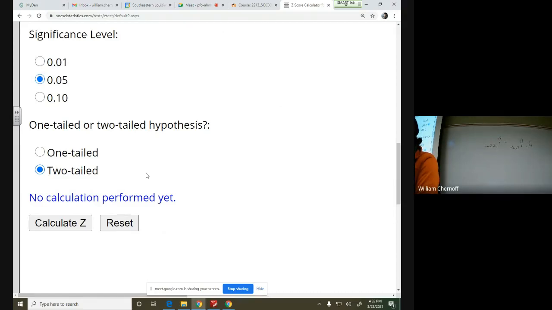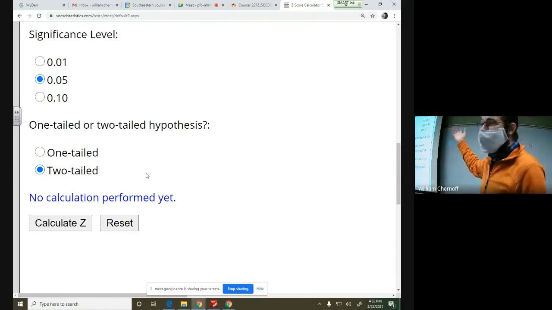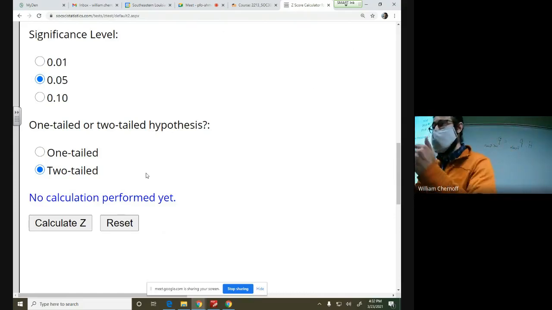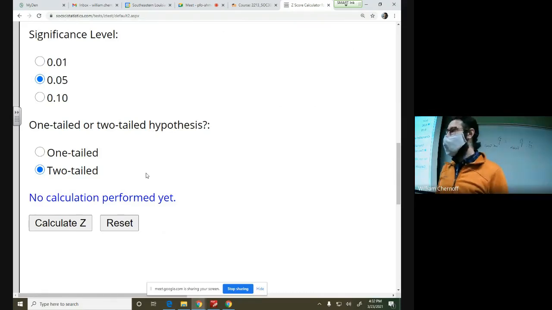All it knows is that you've got some data, some statistics, you've plugged them into these boxes, and you're clicking calculate. It's going to try to guess. Sometimes it's going to be wrong. Just remember, when you're using this website, don't trust it. It's going to give you an answer. Ignore its conclusion. Get the z-value, get that p-value, and then use your flowchart to actually find the real p-value.